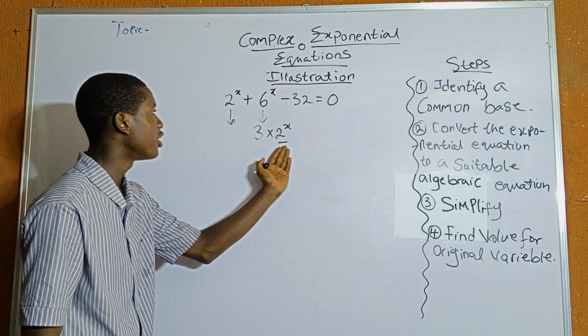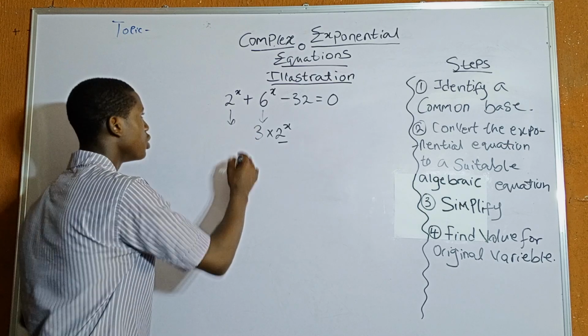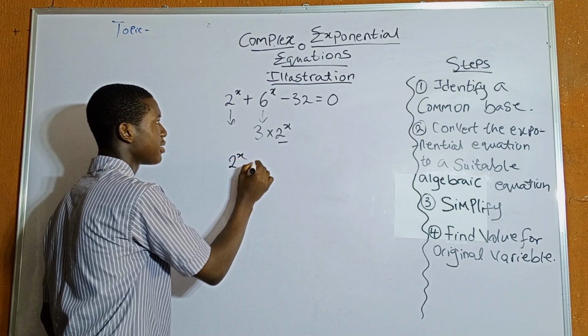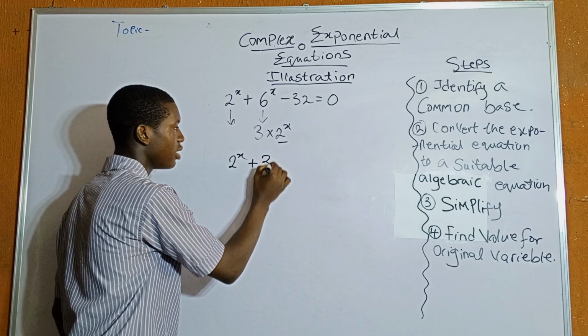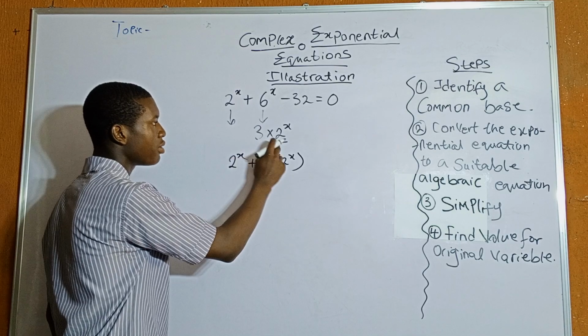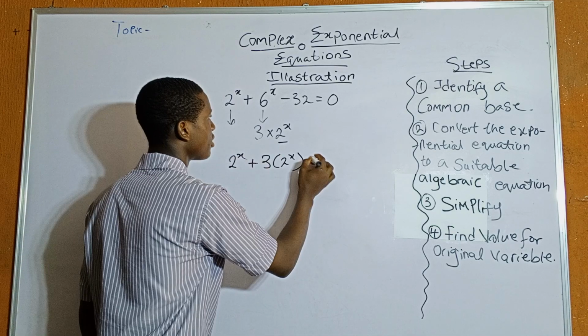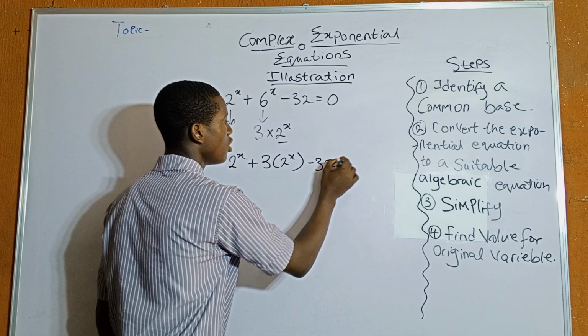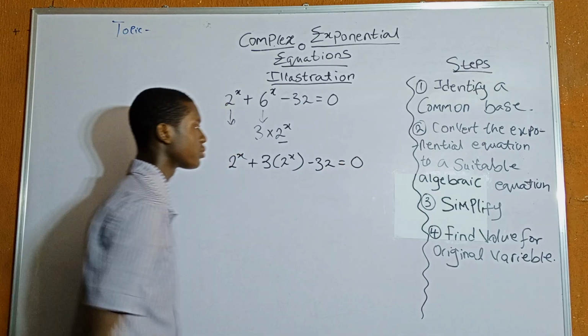If we solve for this in this equation, we will have 2 raised to the power x plus 3 open bracket 2 raised to the power x, which is the same thing as 3 multiplied by 2 raised to the power x, minus 32 equals 0.